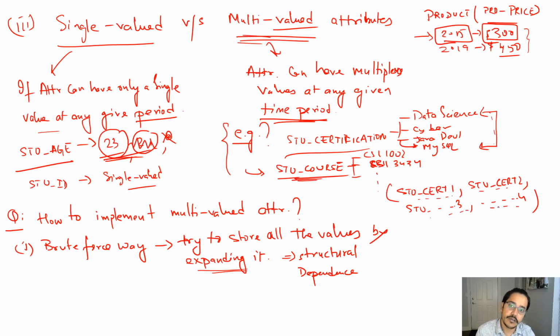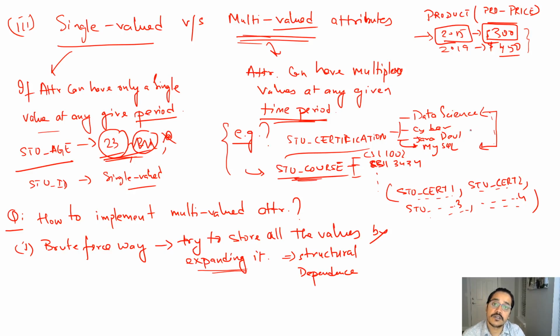Additionally, if this is the upper bound of the values that you currently have in your database, and a student doesn't have all these certifications, then for that particular student some of these attributes are going to be null. And that is going to create, again, a problem with null values, in terms of your assessment and stuff like that. Some students might not have exactly the same set of certifications, so you may have to include more or different types of certifications, right?